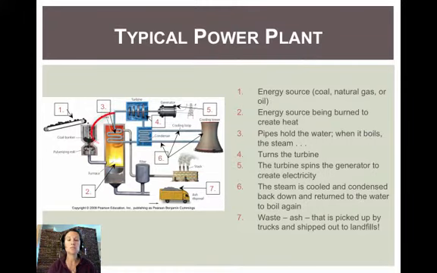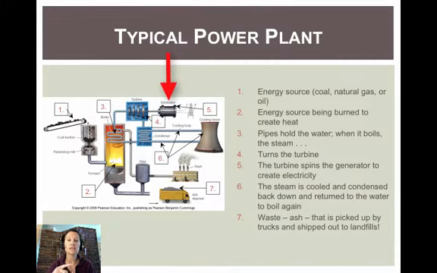You'll see these pipes up at the top, and those pipes contain water. Those pipes go into the furnace, the water within them begins to boil, and as it boils, bubbles of steam make their way up into this turbine area. The turbine is then spun around by the steam coming up. The turbine spins, and the generator you see there is attached along with the turbine.